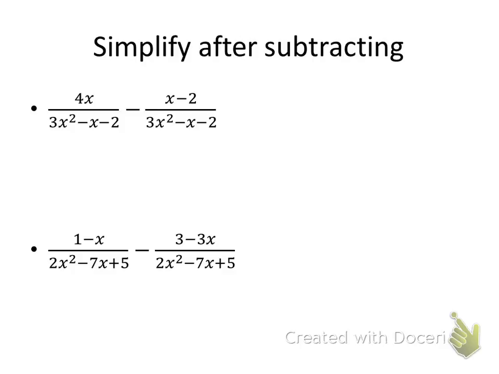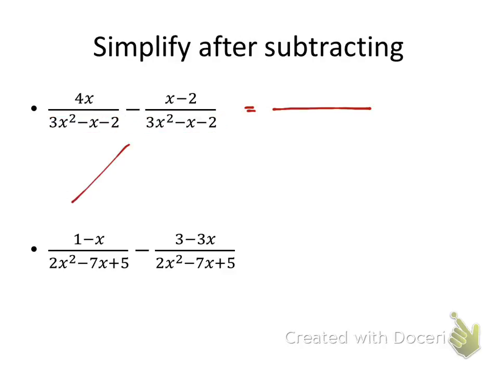Now we're getting into the bigger problems where we will need to simplify after subtracting. So I make sure I have common denominators, which I do, but anytime you see a 3-term problem like these right here, go ahead and factor.